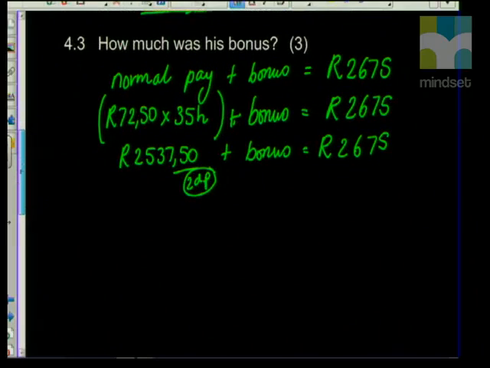Right, so basically what I have earned minus what I normally earn will give me my bonus.